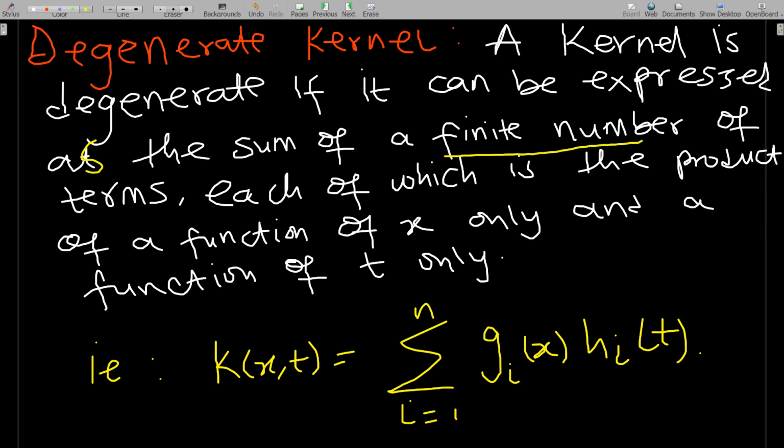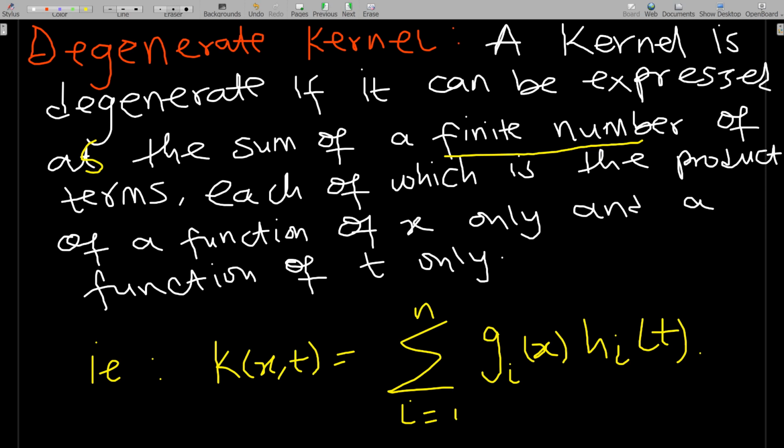This is very important, a finite number. Each term is the product of a function of x only and a function of t only. So somehow it is a summation of separable kernels. That is how I can describe a degenerate kernel.